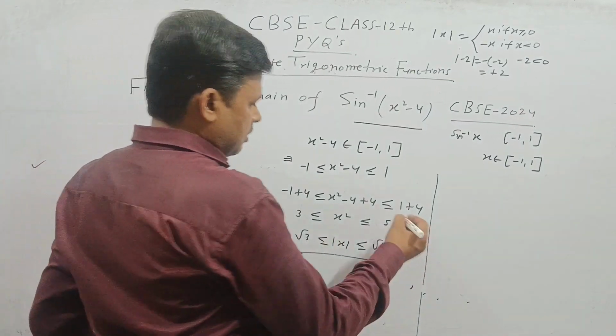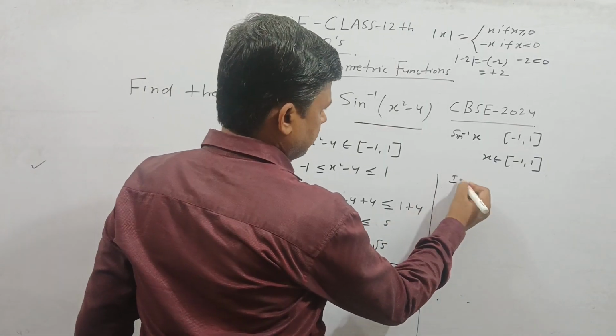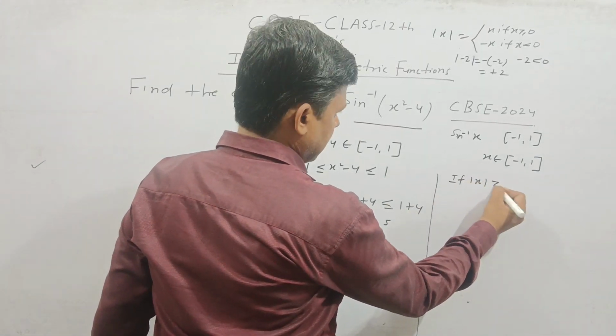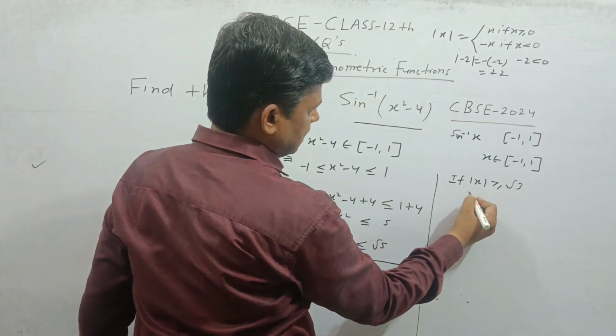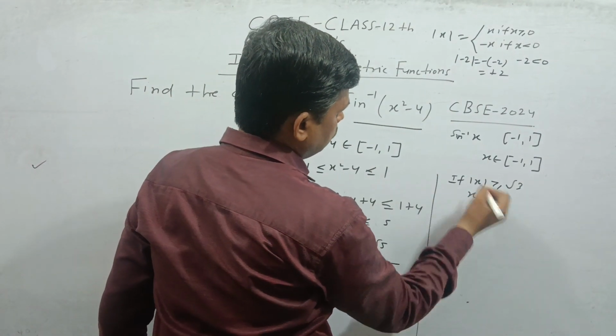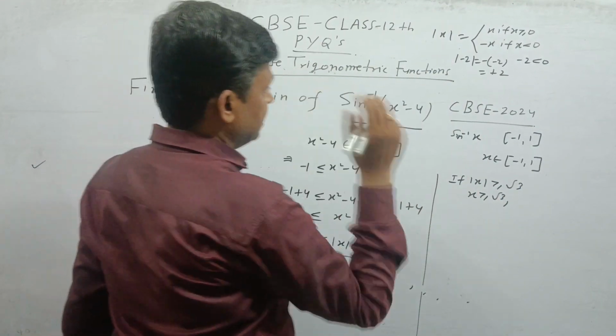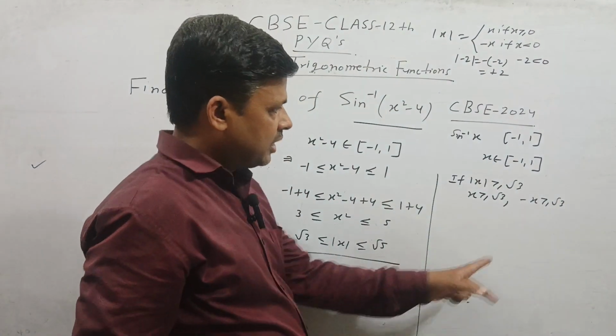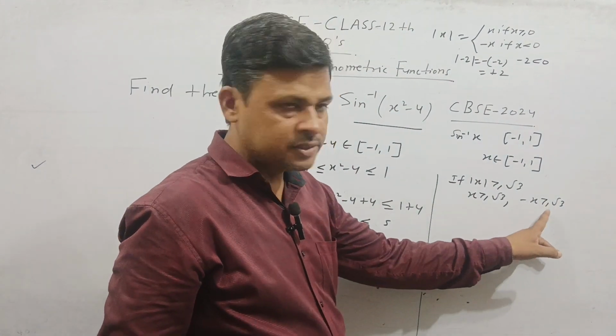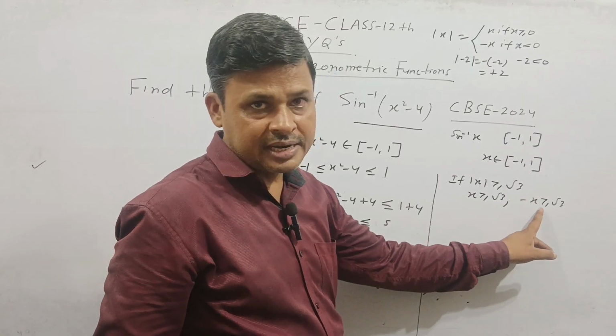So first we will take mod x greater or equal to root 3. If we apply this, if x is greater or equal to 0, then it will be x greater or equal to root 3. And if x is less than 0, then minus x is also greater or equal to root 3. When you multiply both the sides by minus 1, the sign of inequality is reversed.